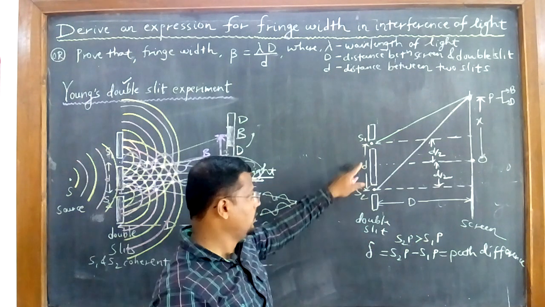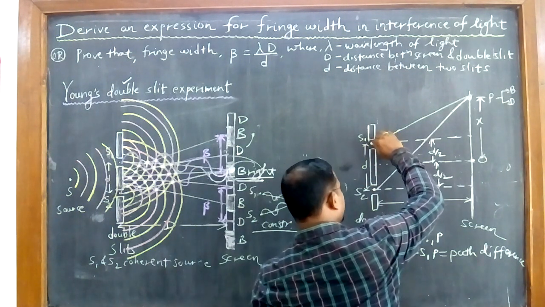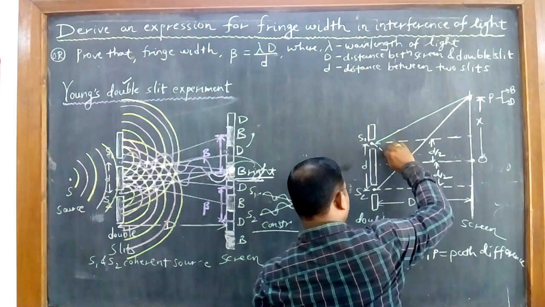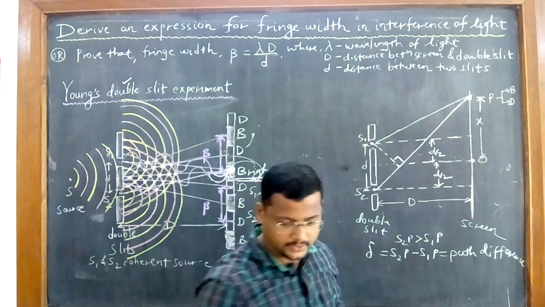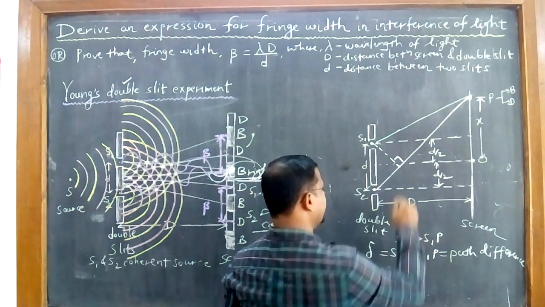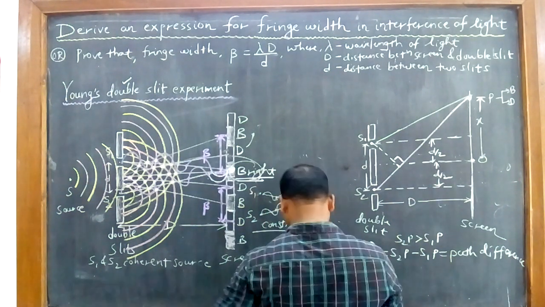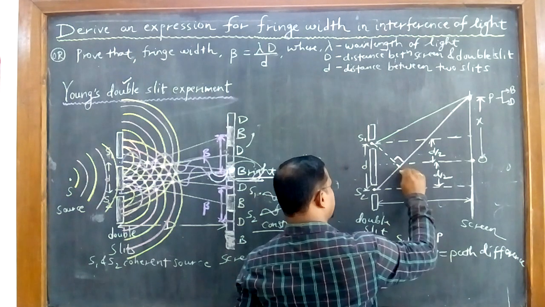Now if I draw one perpendicular line from S1, then here we have 90 degrees. You can give any name here; I will give the letter capital M.